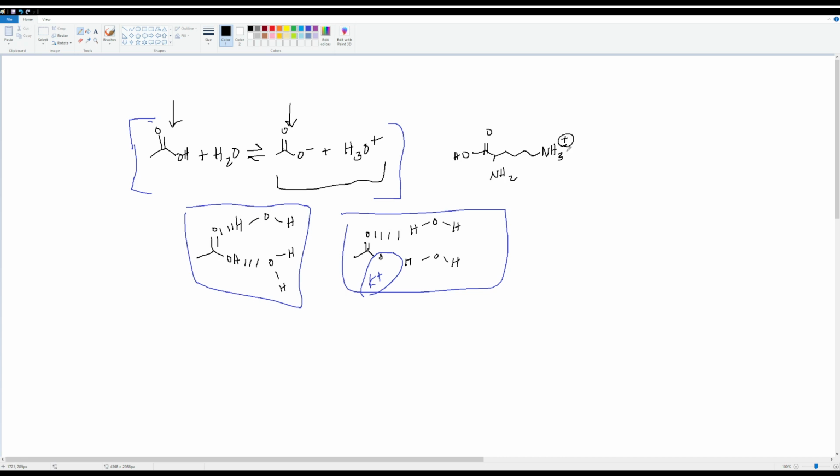At physiological pH, lysine is positively charged, and this can engage in an ionic bond with an aspartic acid residue. So we can get this ionic bond here that would otherwise not exist if our dominant protonation state was protonated.